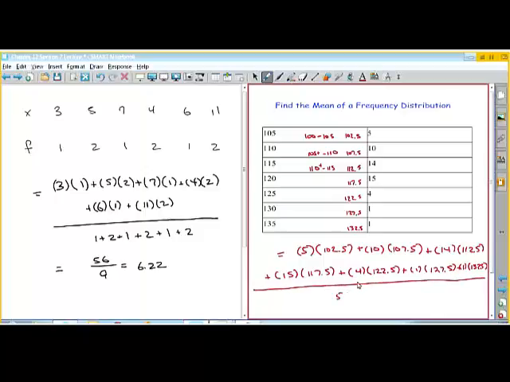Then we divide all of that, and you don't add up the number of classes, you add up the total number of data points. So it'd be 5 plus 10 plus 14 plus 15 plus 4 plus 1 plus 1.